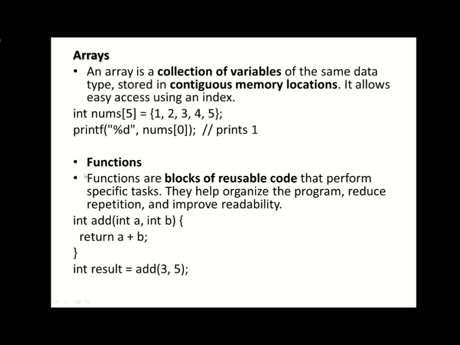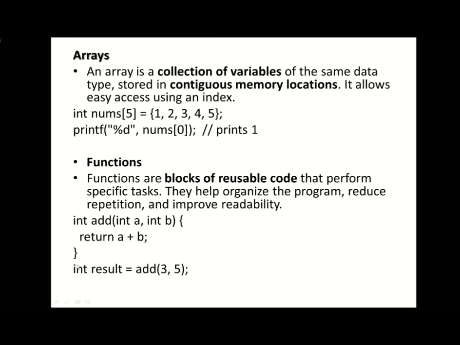We have functions in C. Functions are blocks of reusable code that perform specific tasks. They help organize the program, reduce repetition, and improve readability. For example, say we have an int data type and we name the function add, where the arguments passed are integer a and integer b, and we return a plus b.